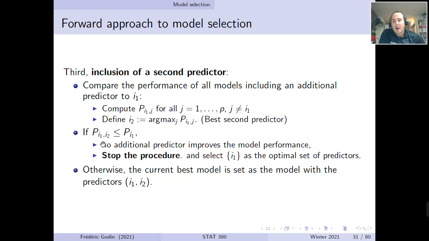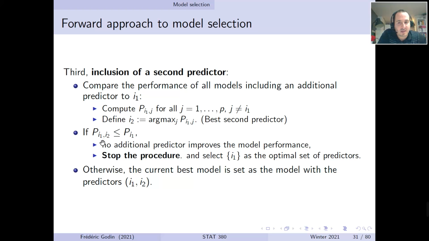Okay, so here P(I1, I2) is the performance of the best model which has two predictors, but where we imposed that the first predictor had to be I1, which was selected in the first step. Then we check the performance of our best two predictor model and compare it to the performance of P(I1), the best model with a single predictor.